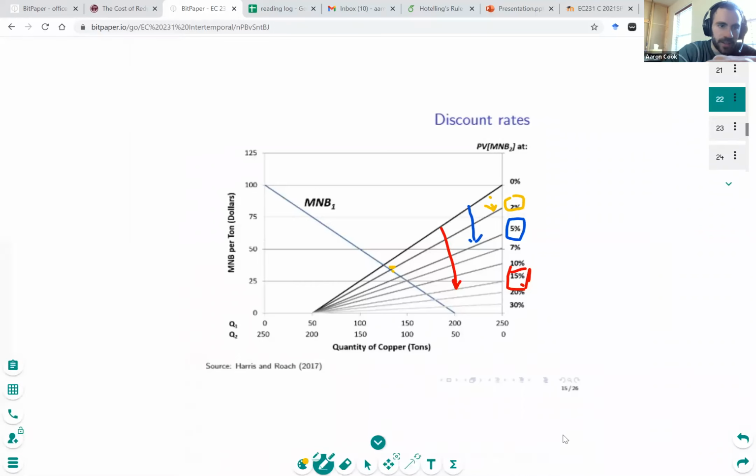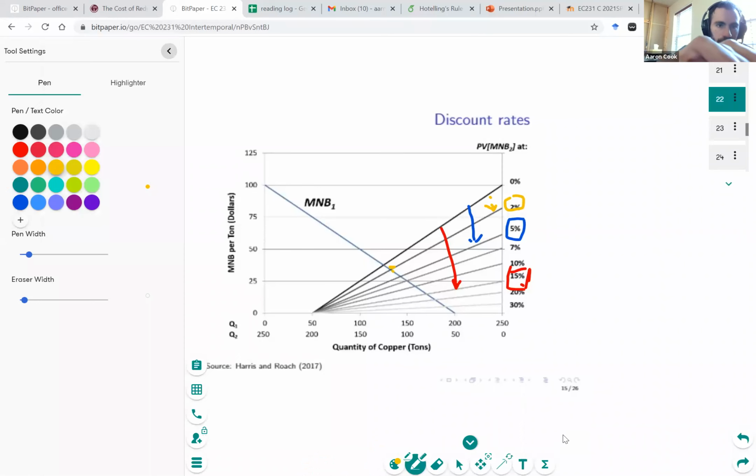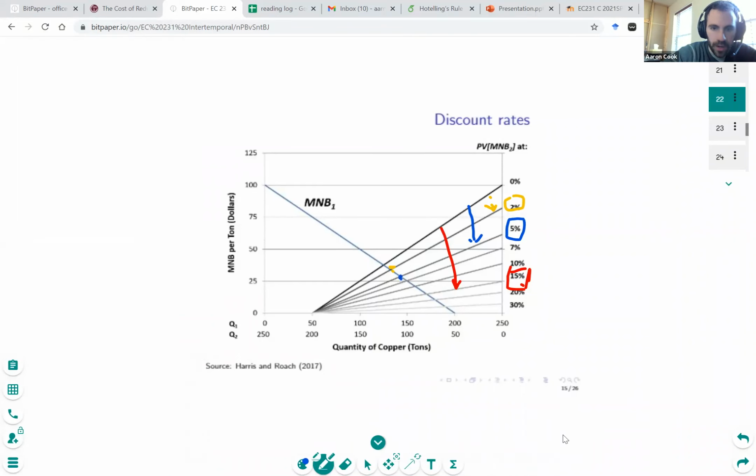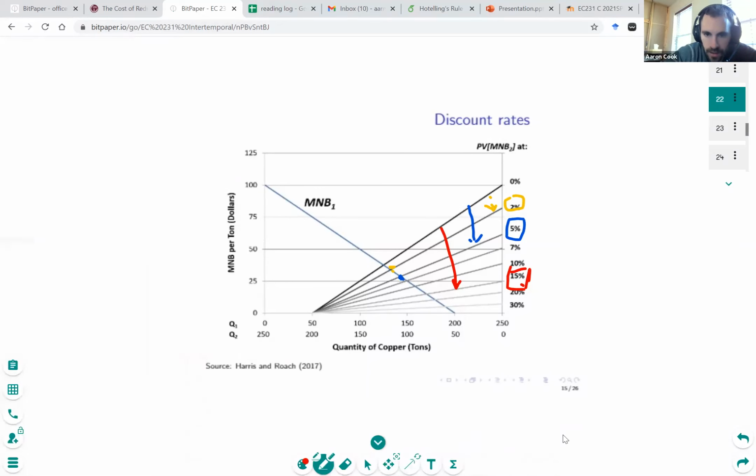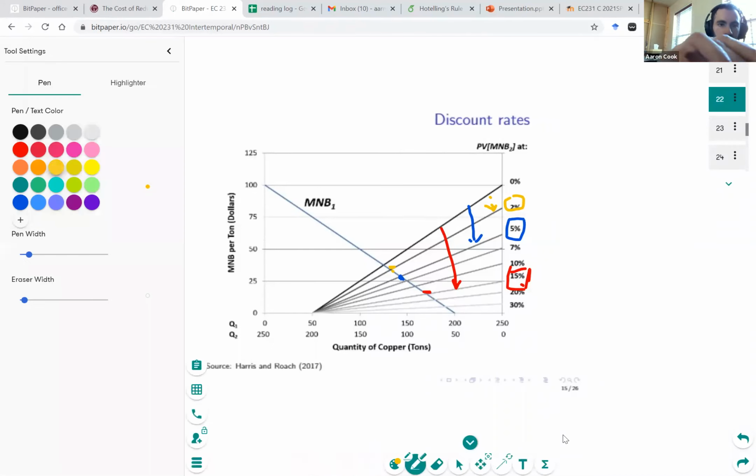The 5% discount rate is going to be associated with the intersection point here. The 15% discount rate is going to be associated with the intersection point right here.